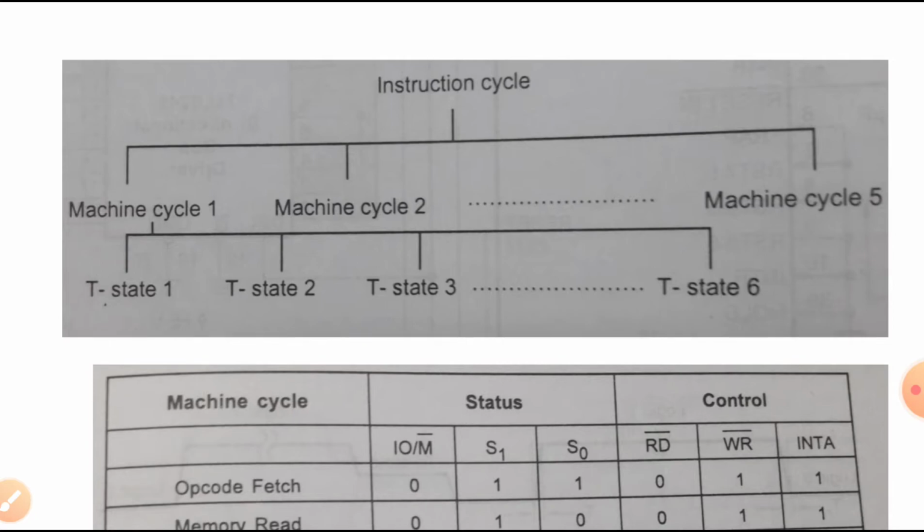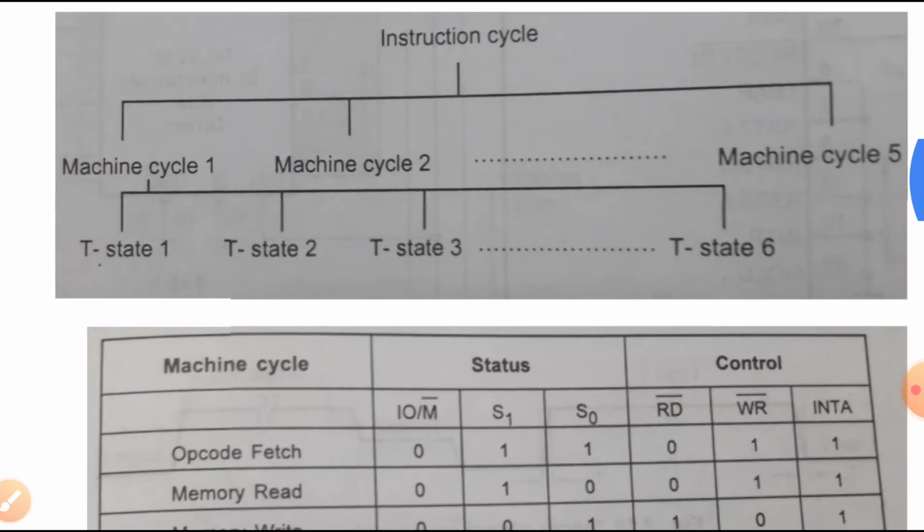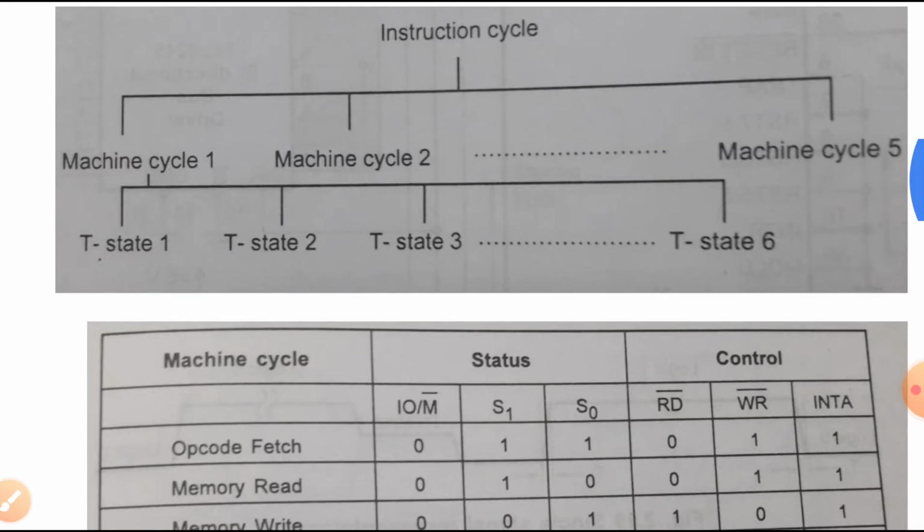And while doing this, whatever signals are generated, a single subdivision of that particular operation performed in a particular time period is known as a T state. So, we can say that one instruction cycle consists of 1 to 5 machine cycles, and one machine cycle consists of 3 to 6 clock periods or clock states.